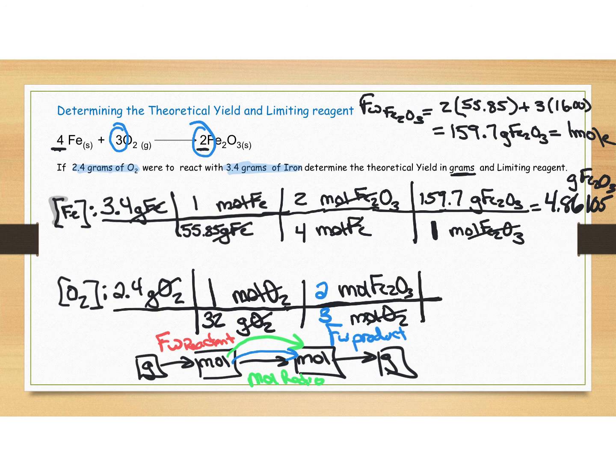I'm not done yet because I have to convert to grams of Fe2O3 from moles of Fe2O3. How do I know the moles of Fe2O3 go in the bottom? Because I need that dimensional analysis. I need it to cancel out as I go across. Okay, we look at this. Which one gets the 1? Right? 1 mole of anything is always equal to its atomic mass in grams. So the 1 always goes next to the mole. What did I get for the atomic mass of Fe2O3?